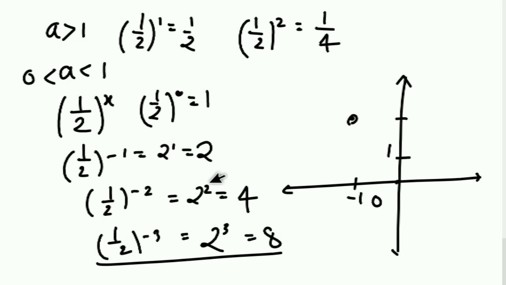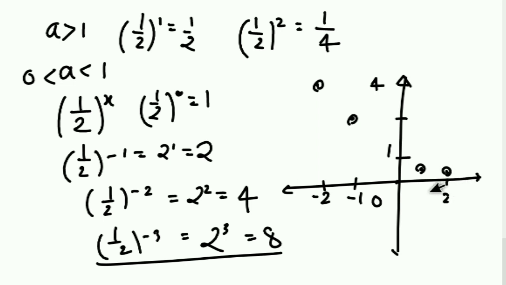Then if your x is equal to minus 2 here, you are getting y as 4, so it will be here. And when your x is equal to 1, you are getting half, means here. And when your x is equal to 2, you are getting the y value as 1 by 4, so it could be here.